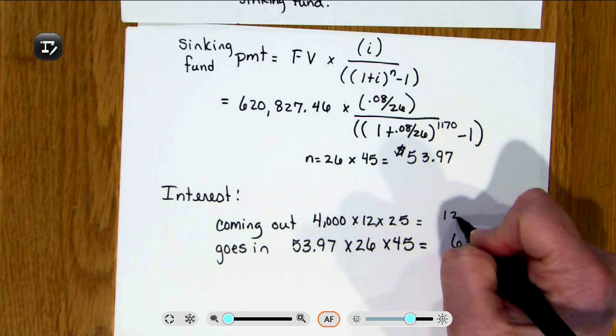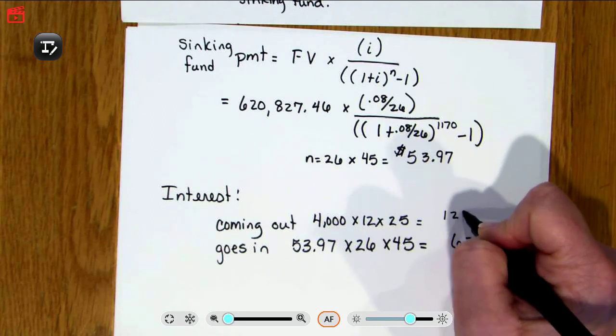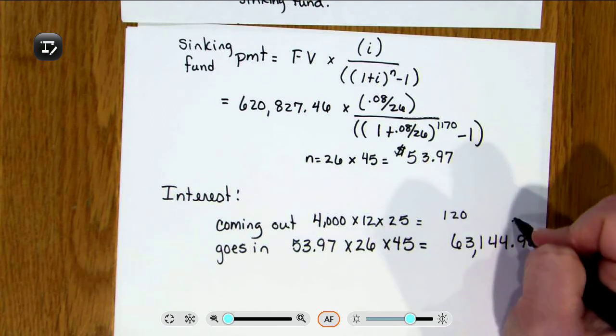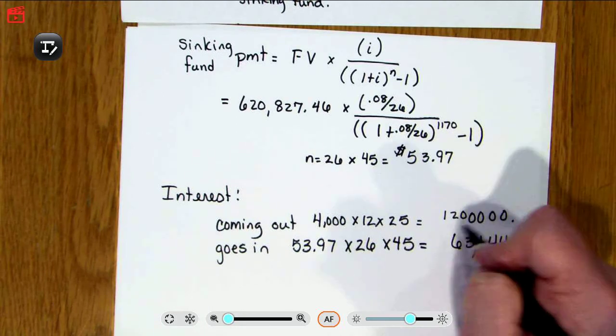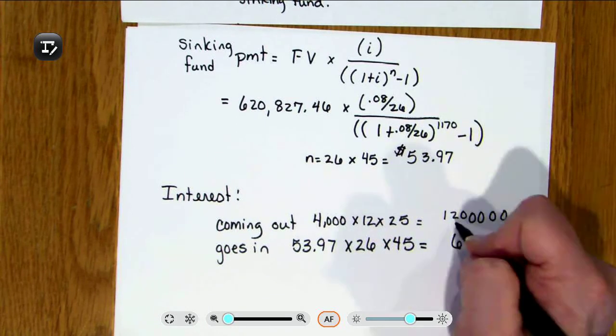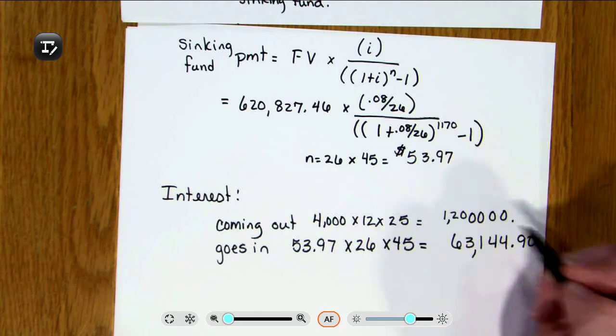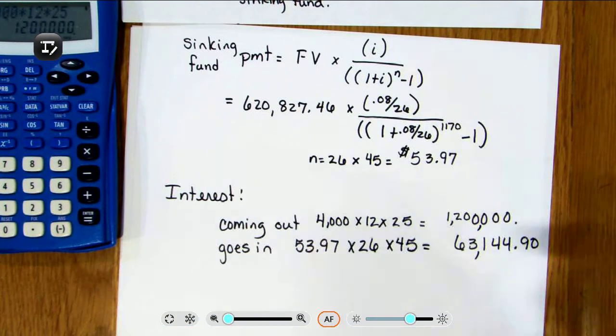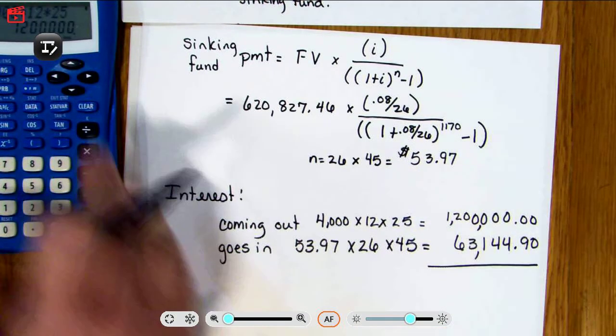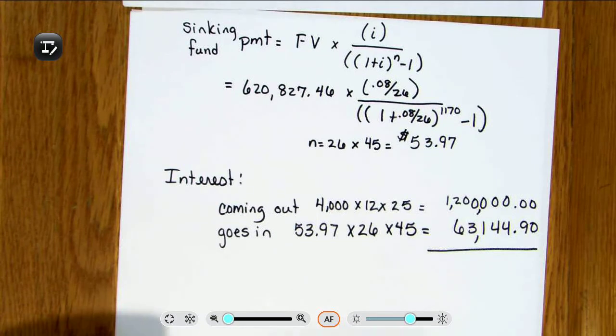So actually, put in some commas. $1.2 million. So let's subtract those.